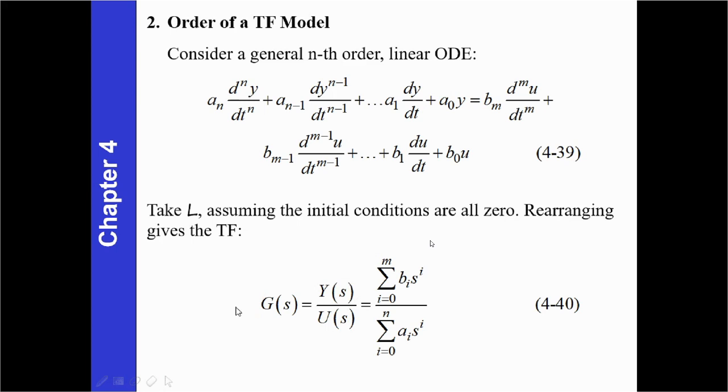The standard transfer function G(s) equals Y(s) over U(s), equal to the sum of i from 0 to m of b_i s^i over the sum of i from 0 to n of a_i s^i. So this is the transfer function G(s) in this case.